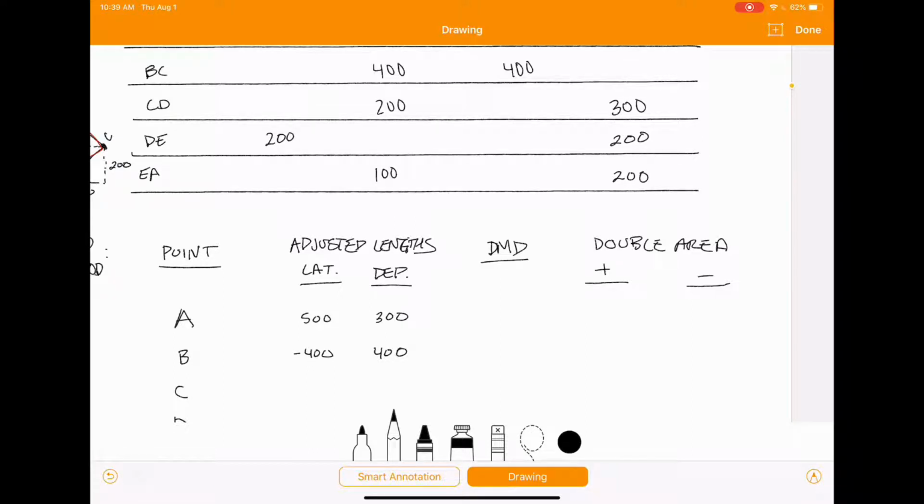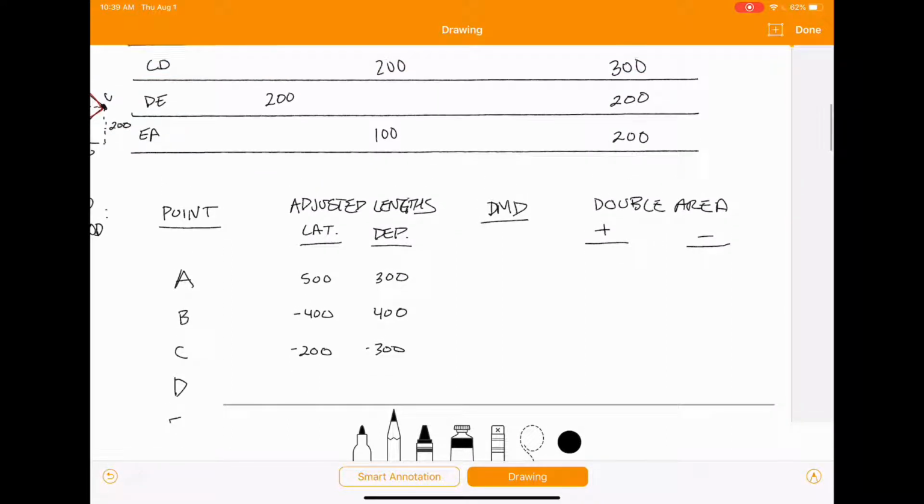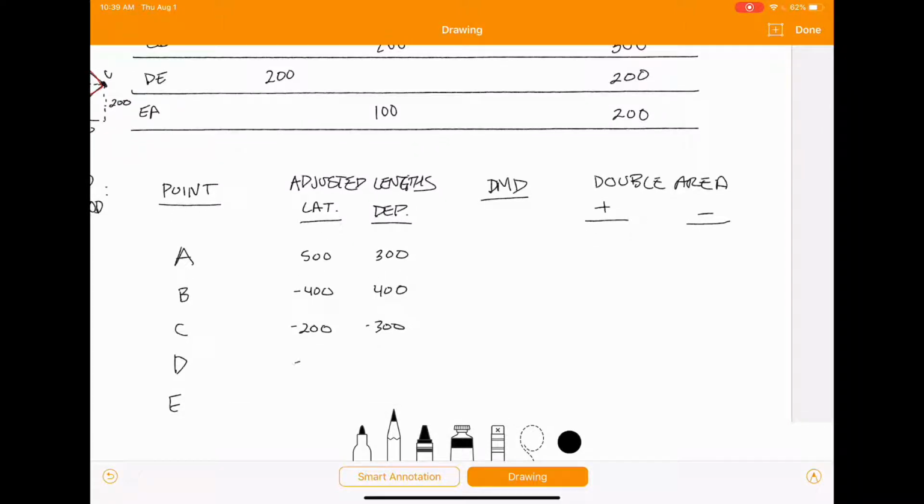Then C to D, we're going to have a negative 200 because we're going south, and a negative 300 because we're heading west. And then for D, we're going to have a positive 200 and a negative 200. And then E, we're going to have a negative 100 and a negative 200.